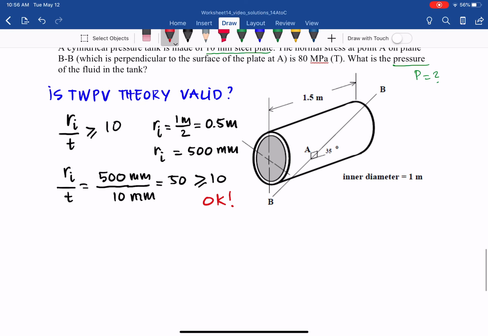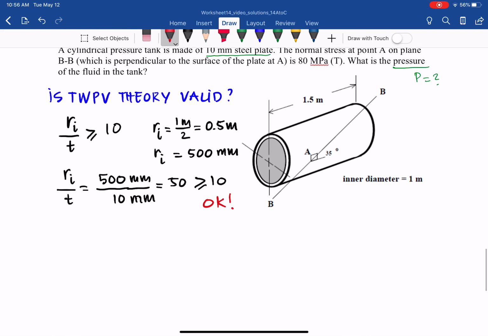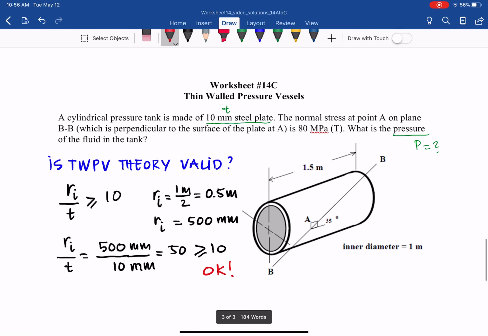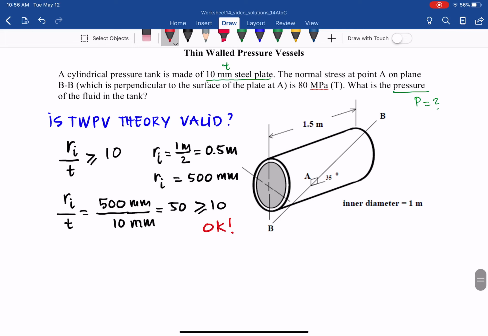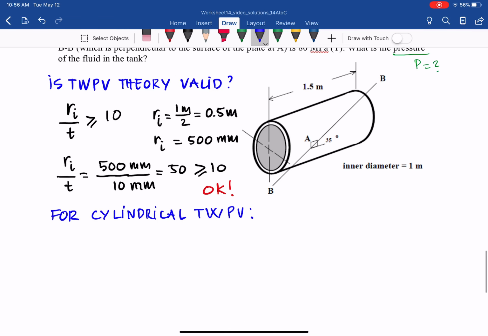So from that, we apply the cylindrical single pressure vessel. We have the hoop stress and we also have the longitudinal stress.